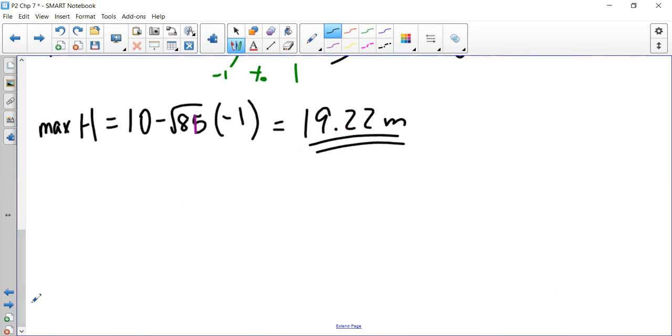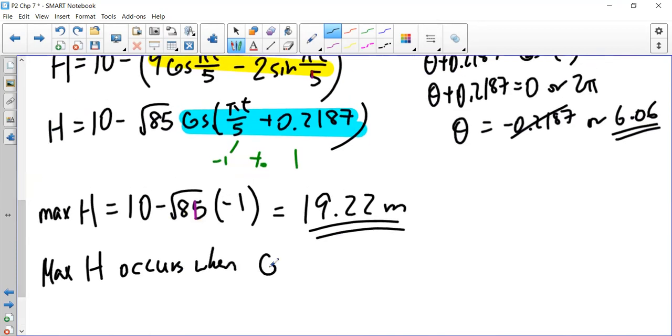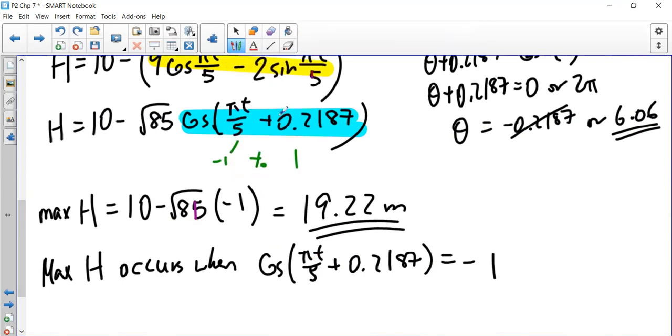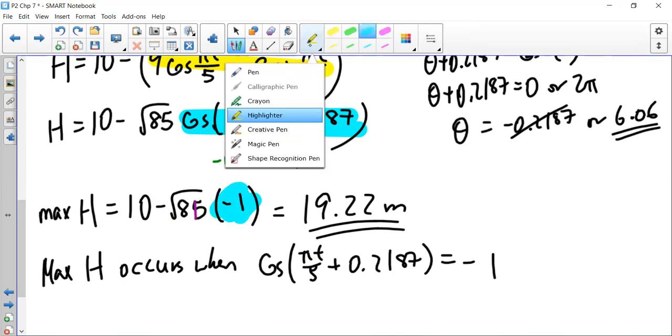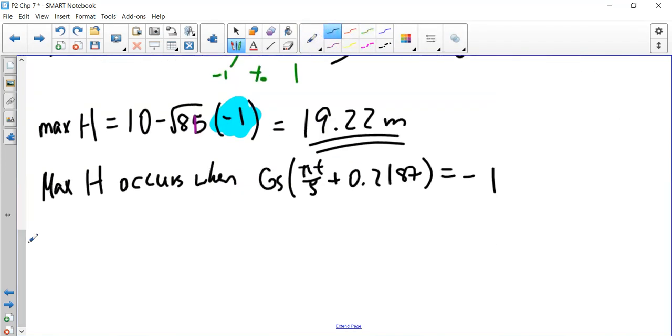So when does it occur? Max h occurs when the highlighted part, cos of pi t over 5 plus 0.2187, equals -1. When we let that be -1, that's when the maximum occurs.